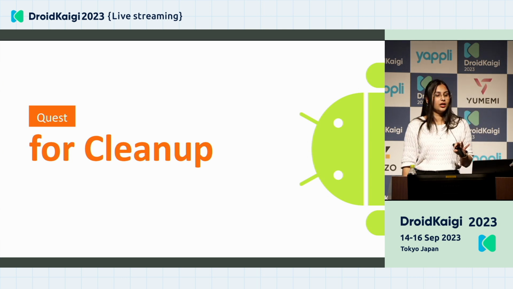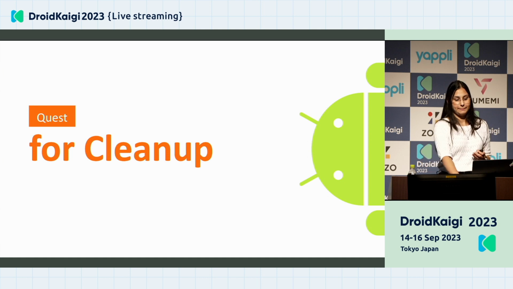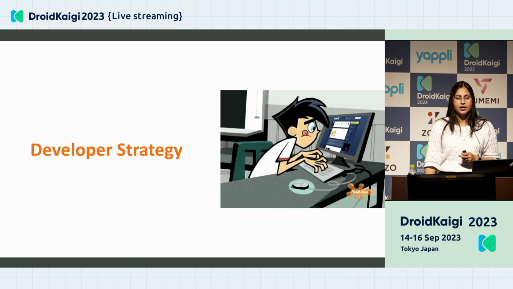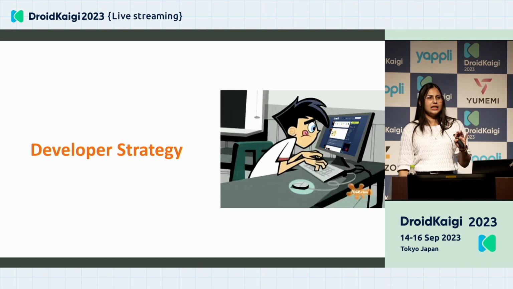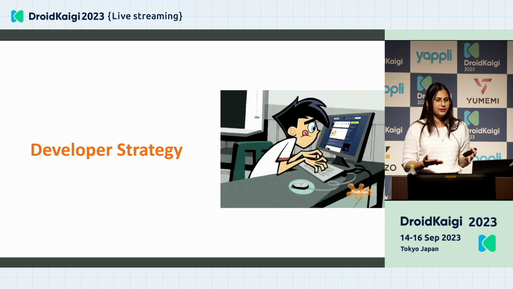Now we have all our tools ready. It's time for the quest of cleanup. Before we take a step ahead, let's evaluate a developer strategy. Usually a development starts with a product requirement. You get it, clarify it, and start working, right?